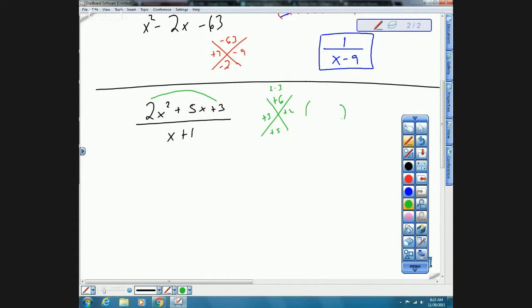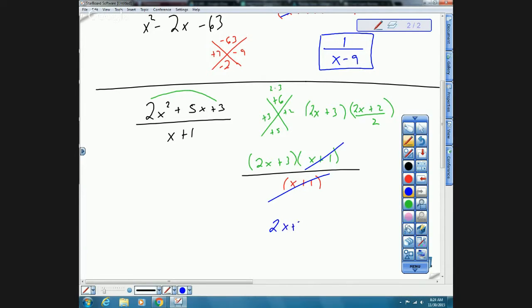So then I come over here and I write 2x in both spots, plus 3 and plus 2. And then I can divide this one by 2. So I end up with 2x plus 3 on top and x plus 1 on the bottom. I'm sorry, x plus 1. I do have x plus 1 on the bottom too. So now the x plus 1s cancel out, so I end up with just 2x plus 3.